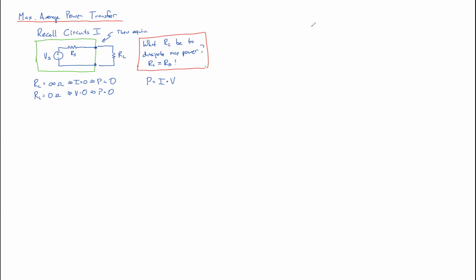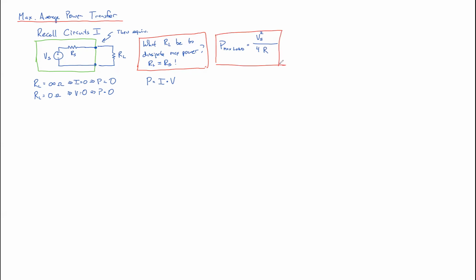All right, so when that happens, you could then figure out what the current is and what the voltage is, multiply them together to find out how much power is being dissipated by the load. I'm just going to tell you. When that happens, P max of the load is equal to the square of the voltage source divided by 4 times what that resistance is.